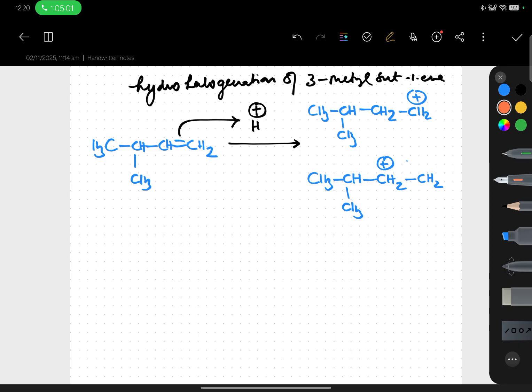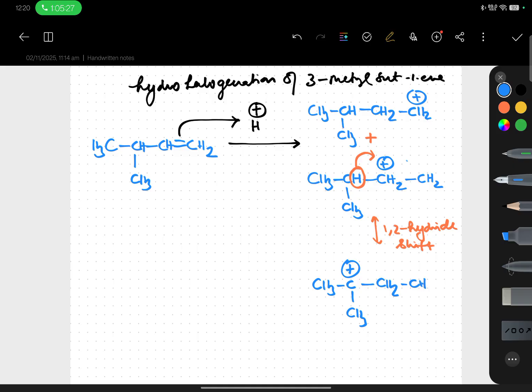Now what will happen? Please make a note. So these are two options. Another option, this hydrogen will jump here. This is called a 1,2 hydride shift. So you'll get CH3C, CH3. Since the hydrogen has jumped there, you get something like this.